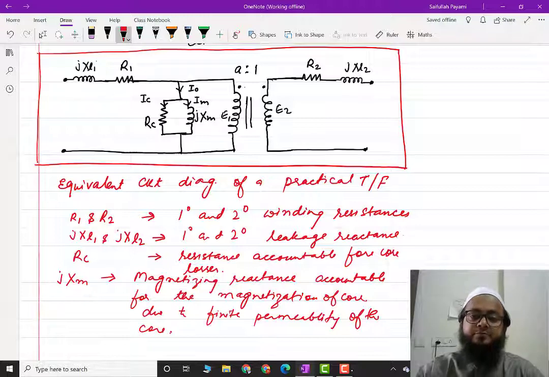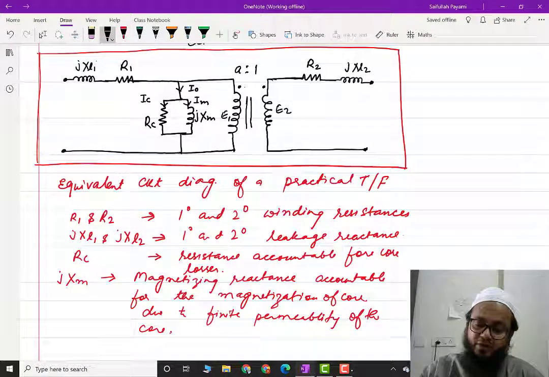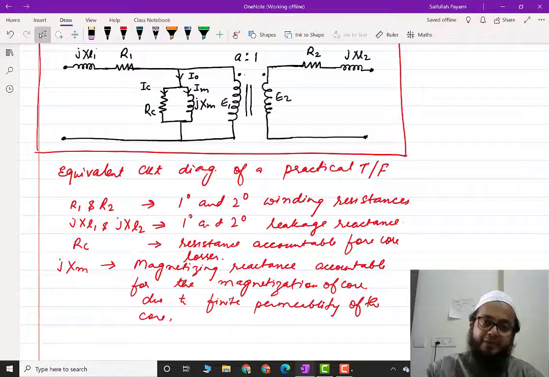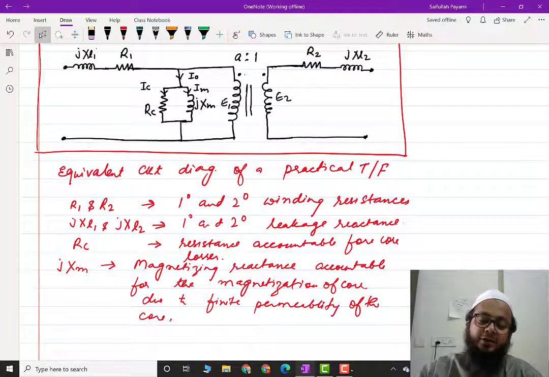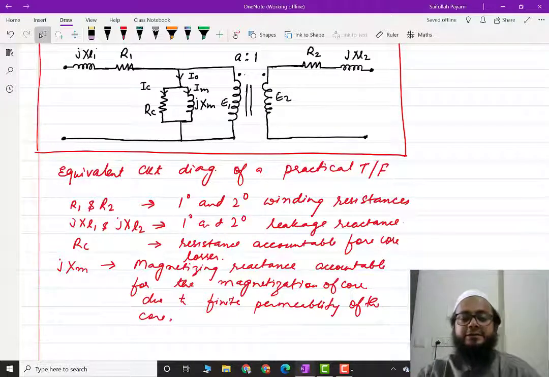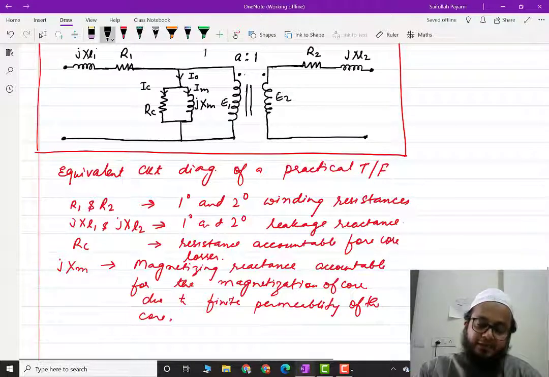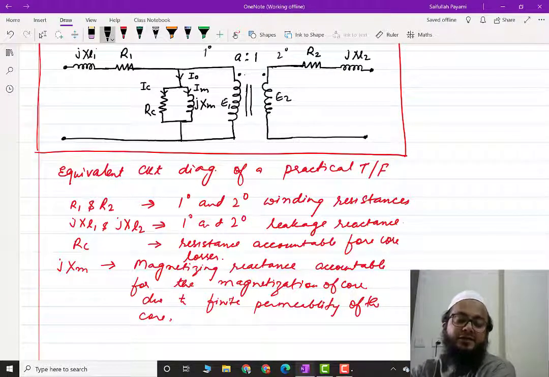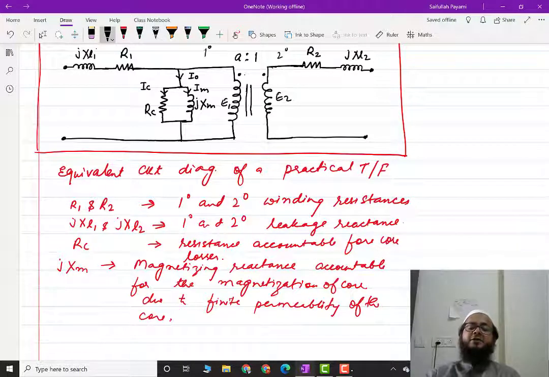But sometimes, in solving the circuit, we don't want even this magnetic coupling there. So we can refer the impedances appearing at the secondary side towards the primary side, or we can represent the primary side impedances towards the secondary side.